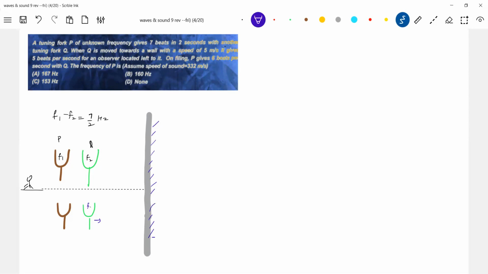This will be F2, this will be F1. Now the observer will come. The frequency of P is being asked. Q moves towards a wall with a velocity U, let's say that. It gives 5 beats per second for an observer located to the left of it.